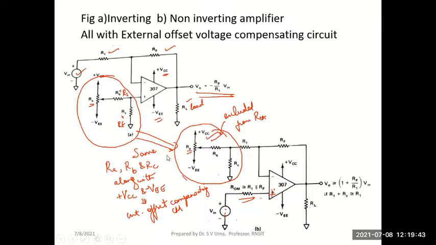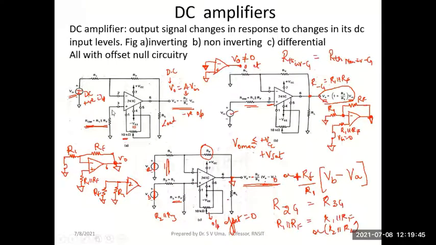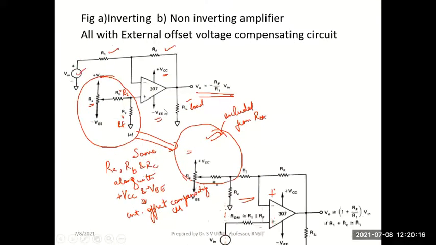And one more thing which you should remember when we write all these circuits is to check what is the Thevenin's equivalent resistance from one of the input terminals to ground. Wherever you have connected the resistances, if you check the Thevenin's resistance from, say, the inverting terminal to ground, the same amount of resistance should be connected from the non-inverting terminal to ground to avoid the input offset voltage or the input error voltage.